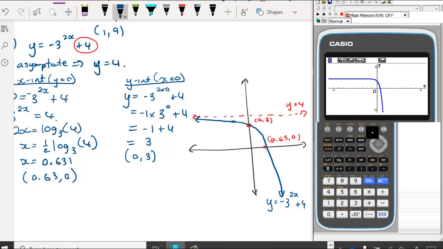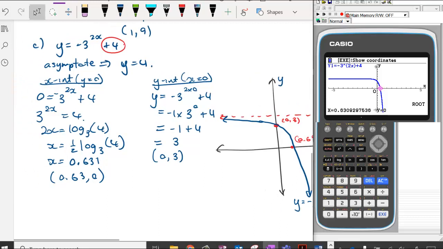There it is. So let's check it. G-Solve y-intercept, which is (0, 3), that's good. And G-Solve root, which is our x-intercept, we've got 0.63, so that's good too. Now make sure that you've labeled x and y, and there is our sketch.